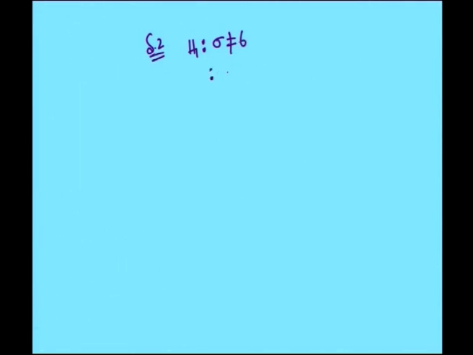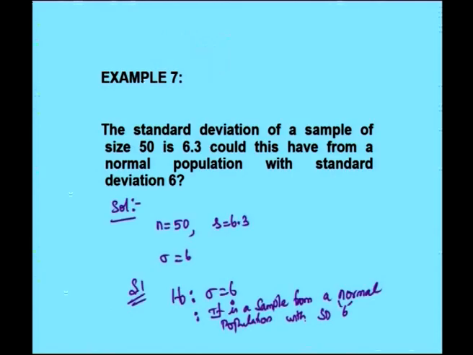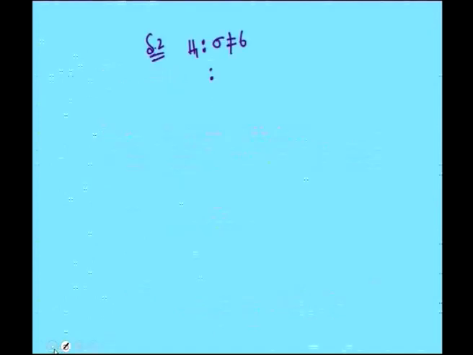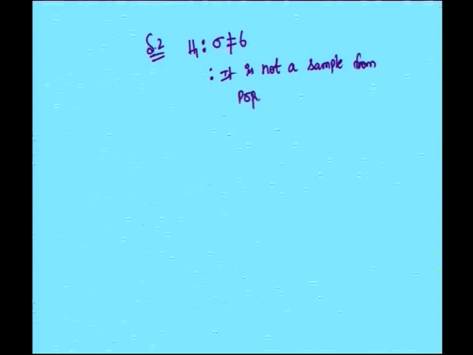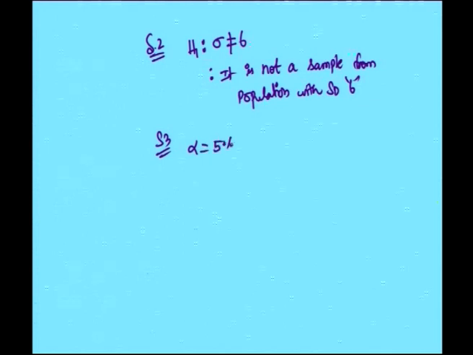Just repeat the statement of H naught, only we say that it is a sample from a normal population with standard deviation not equal to 6. So it is not a sample from a population with SD 6, and therefore sigma is not equal to 6. Step 3, level of significance is 5%.